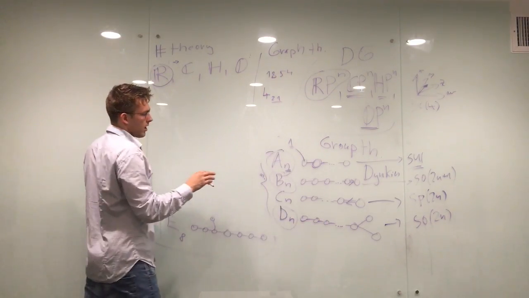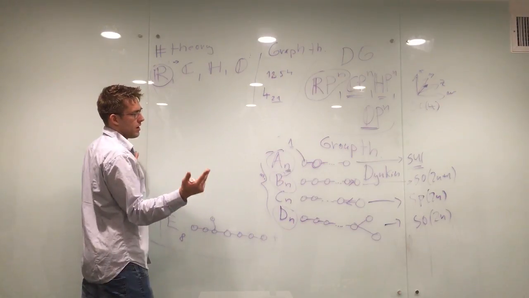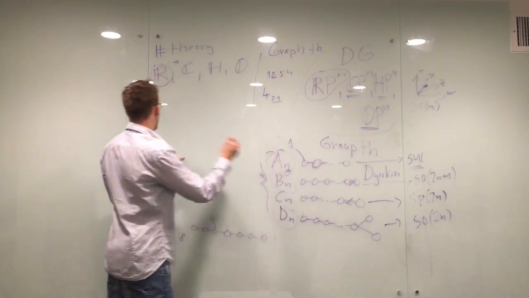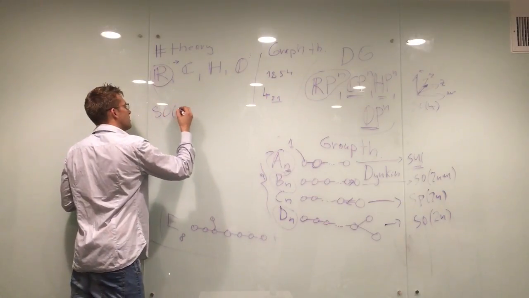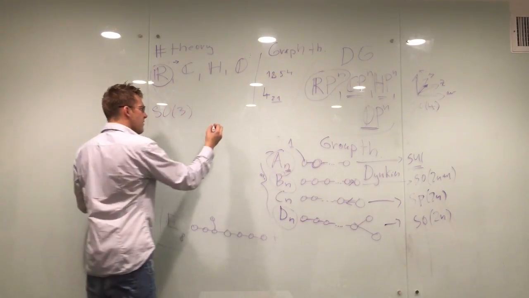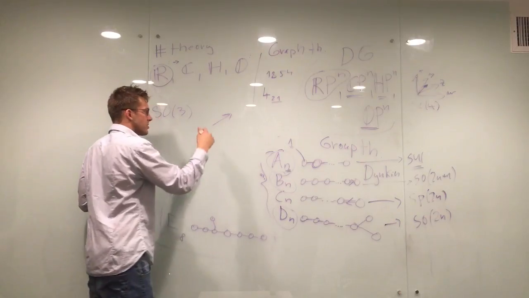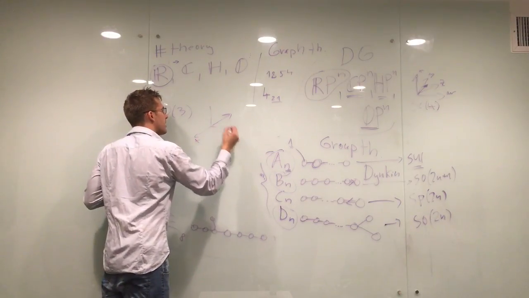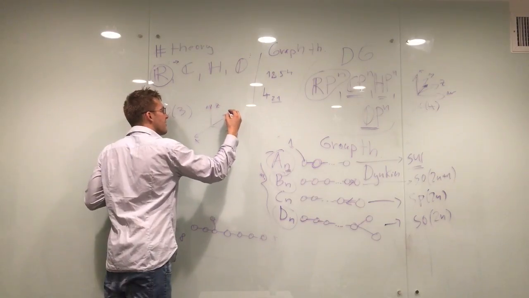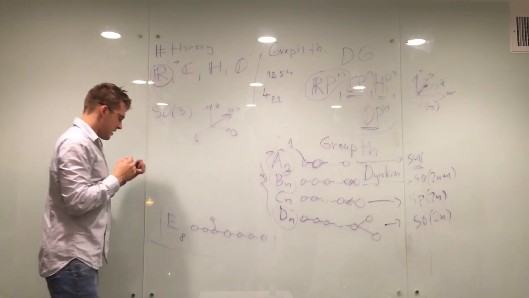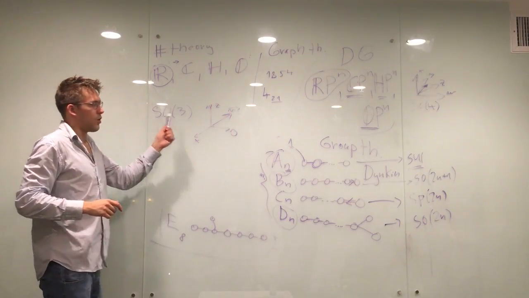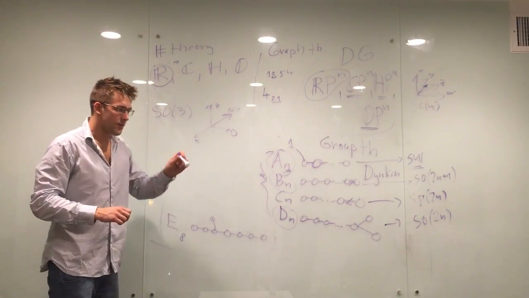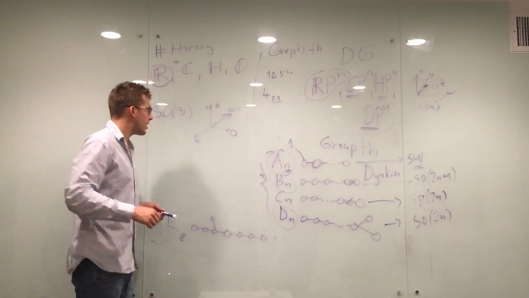Let's talk about SO3, the BN series. So we know we have a vector in three-dimensional space, X, Y, Z. We have a vector V. And the fundamental or the vector representation would be the one that I've described in the previous video.